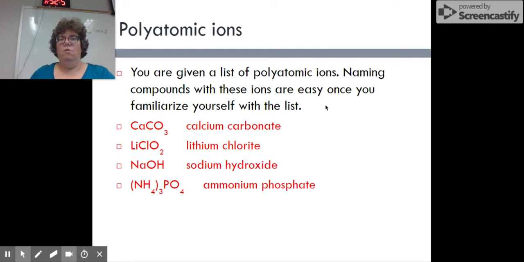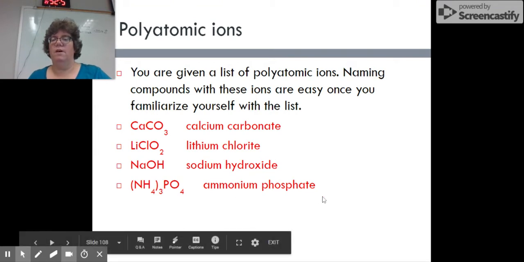So here's a couple more of these. CaCO3 is calcium carbonate. Again, that CO3 just came straight off the chart. Pull it out if you want to. Pause the video so you can kind of follow along. Lithium chlorite, ClO2, chlorite, right from the chart. Sodium hydroxide, ammonium phosphate.